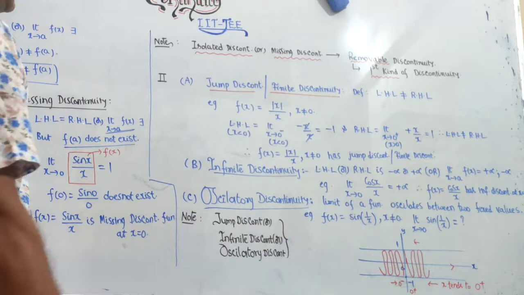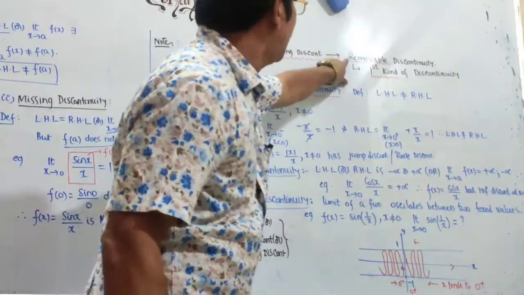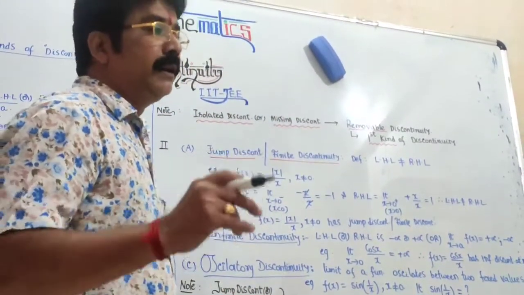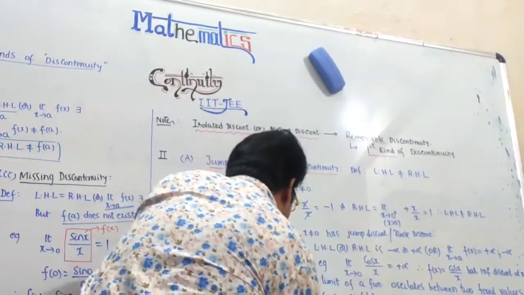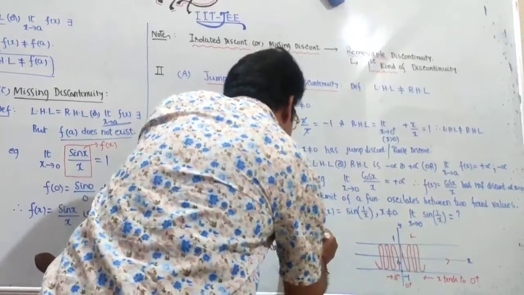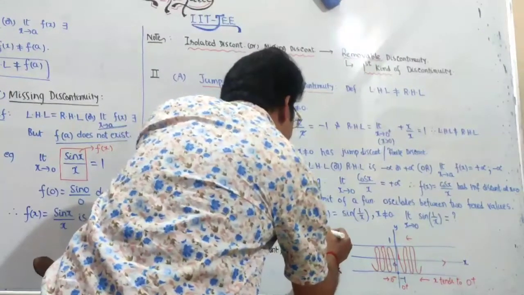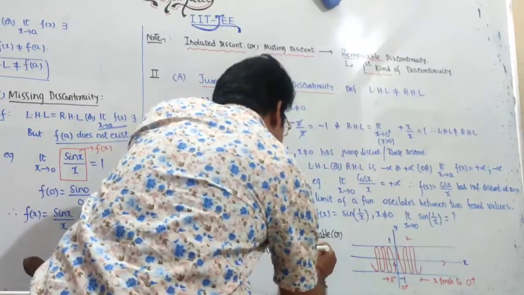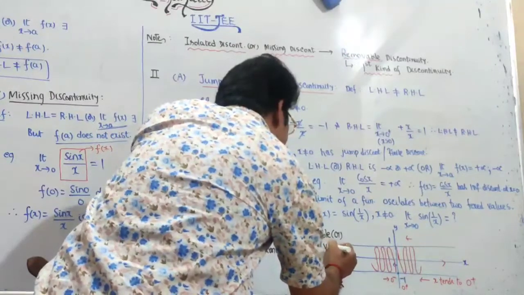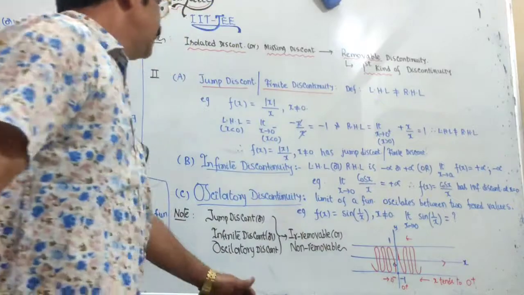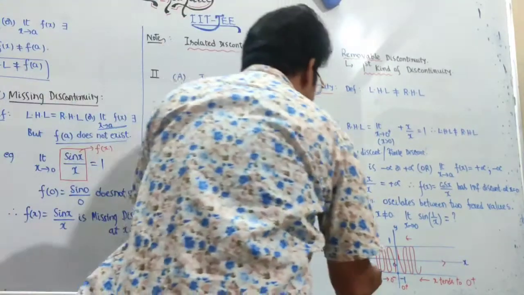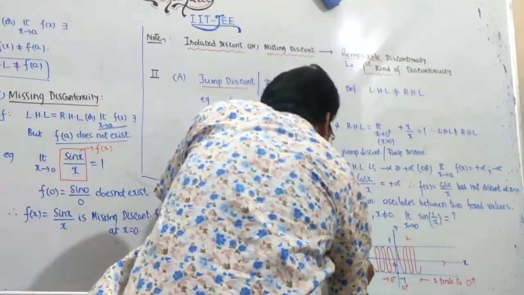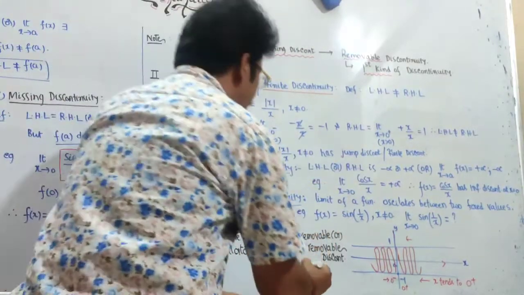These three are called, by opposite meaning of removable, irremovable or non-removable discontinuity.